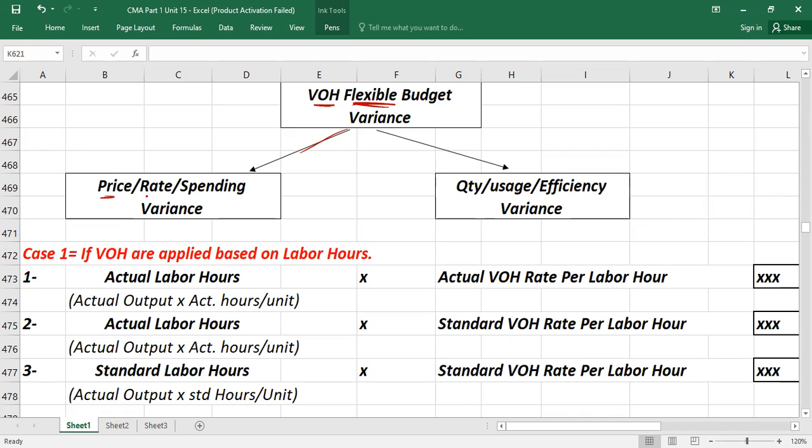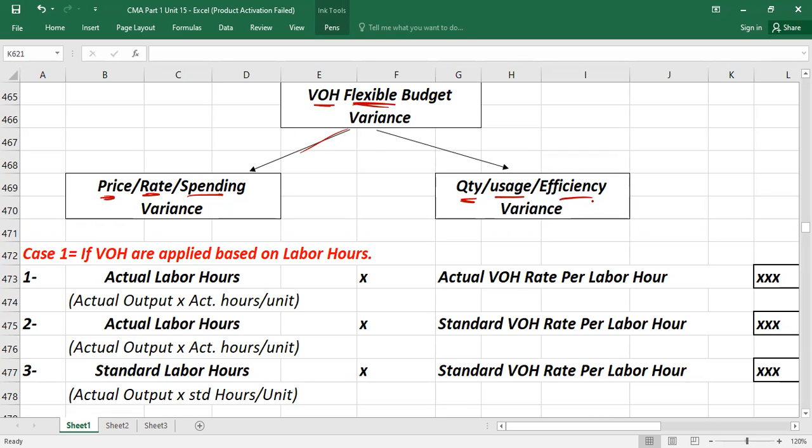The first variance could be price variance, also called rate variance, also called spending variance. You can use any word: price, rate, or spending. The second variance is called quantity variance, or usage variance, or efficiency variance.